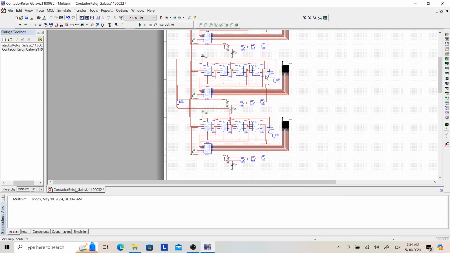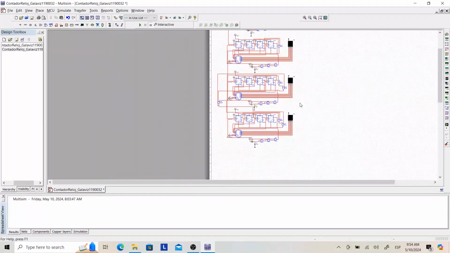If only one of these conditions is true, then the output signal of the AND would be 0, resetting the counters. If none of them are true, then the signal will be 1 and will have no effect.